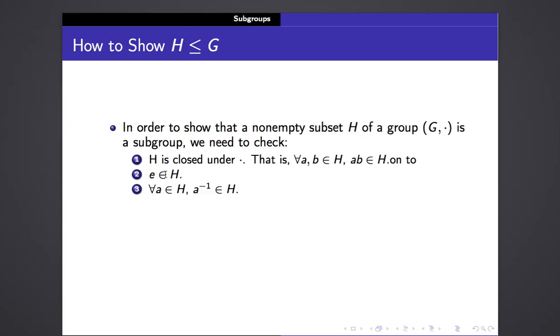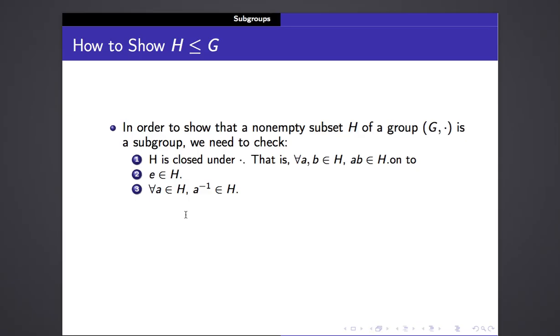Second one is, the identity has to be also in the set H, and obviously for any A in H, A inverse, the inverse element, has to be also in H. Earlier we learned that for a set with operation to be a group, there are axioms that need to be satisfied.